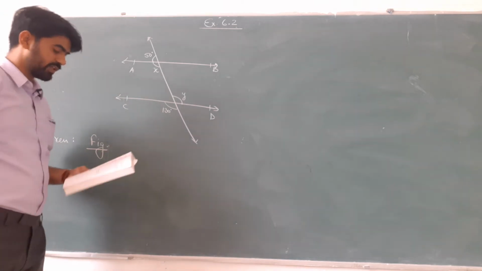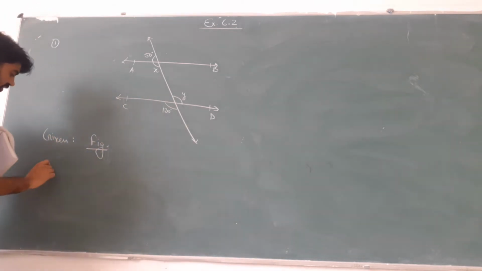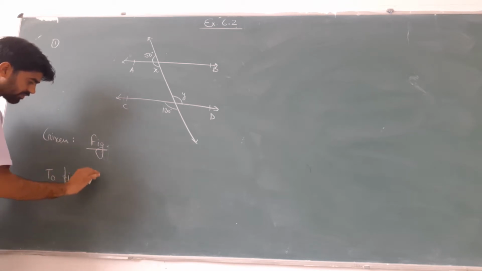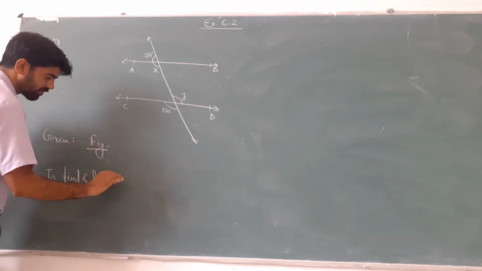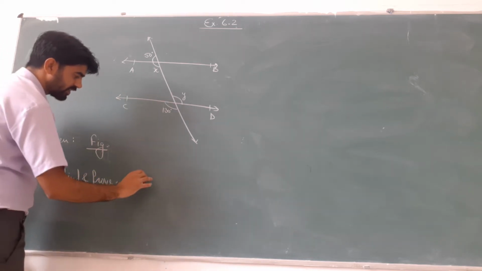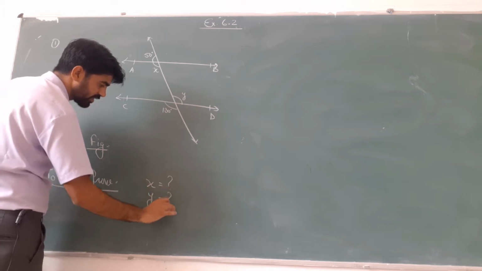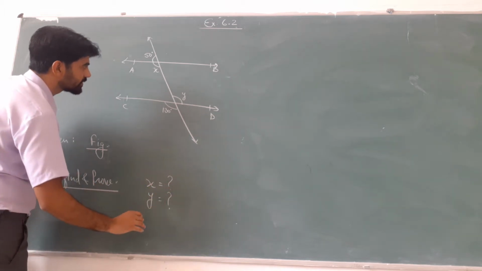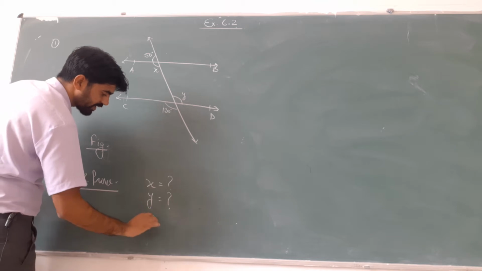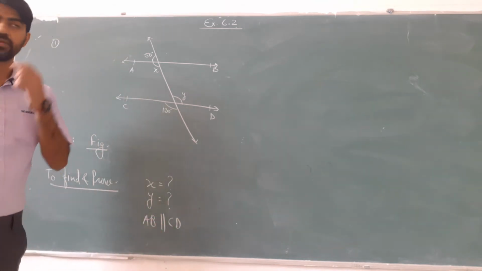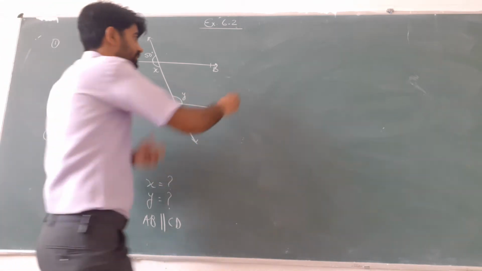From this figure we have to find and prove: we have to find the value of x, the value of y, and we have to prove that AB is parallel to CD. Now see the solution.